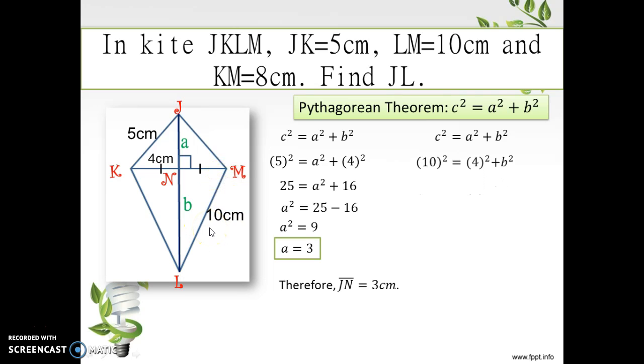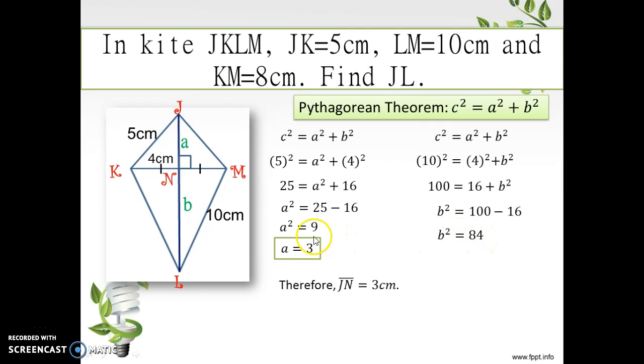So by substitution, we have 10 squared equals 4 squared plus B squared. So the square of 10 is 100, and the square of 4 is 16, plus B squared. So by algebraic manipulation, we have B squared equals 100 minus 16. Simplifying that, we have B squared equals 84.